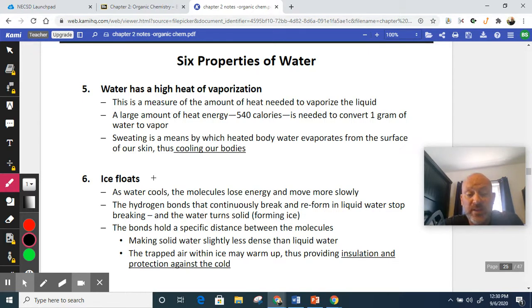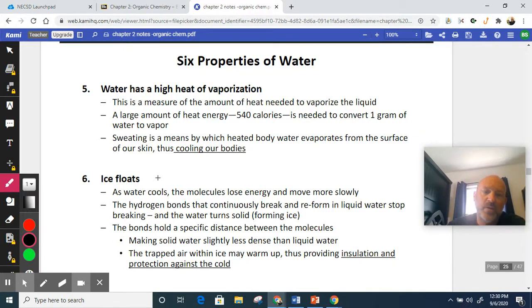When the density value is calculated to be less than 1, that object is going to float. If the density calculation computes to be greater than 1, then that object will sink.